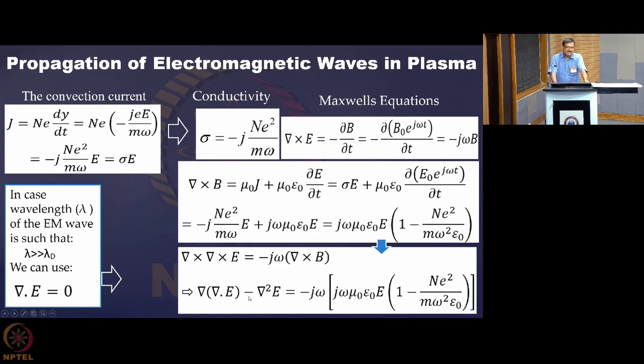If that is the case, then only minus del square E is there on this side, and such a situation is relevant in many cases like propagation of electromagnetic waves through the ionosphere and many more such applications. So on the left hand side, in that case, we will have this minus del square E, but it is not necessarily that this term will be 0 in all cases. You should remember, depending on cases, this term may not be 0.